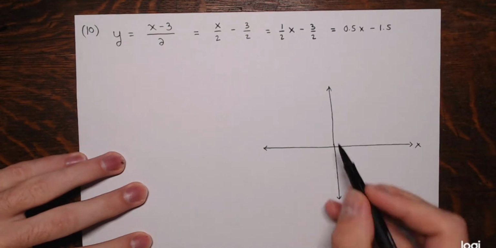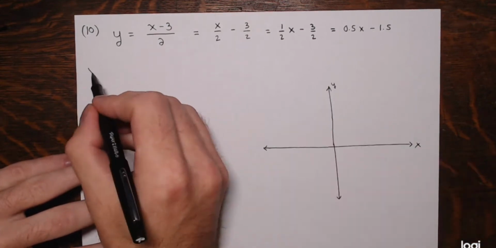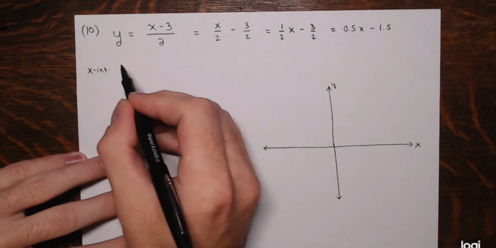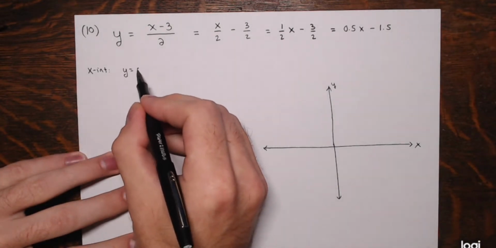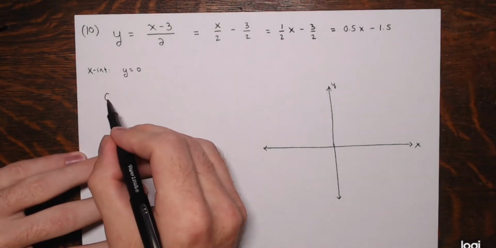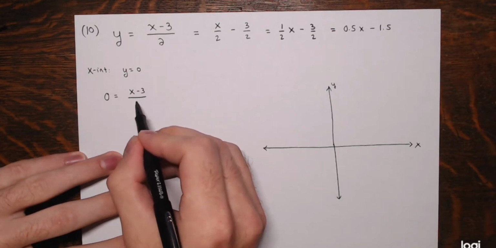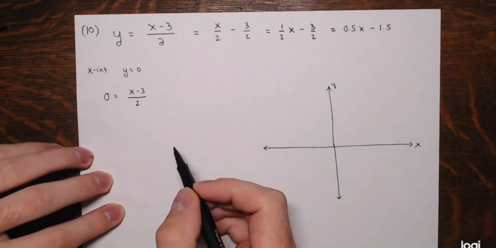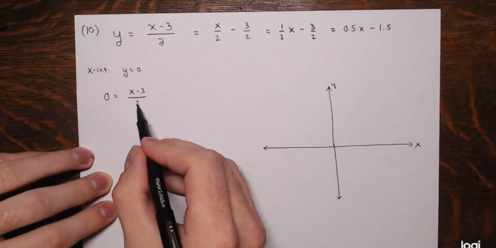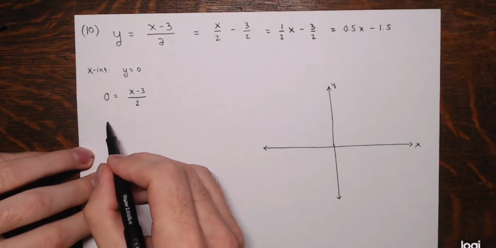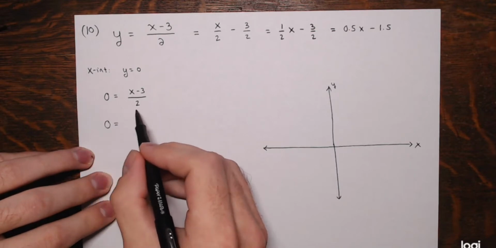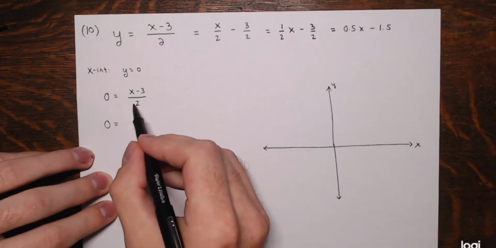Now for the x-intercept, again you're replacing the y-coordinate with 0, so we're solving this equation. 0 equals x minus 3, divided by 2. Well, to get rid of the divided by 2, you multiply by 2. 0 times 2 is still 0, and multiplying by the 2 on this side gets rid of the 2 in the denominator.